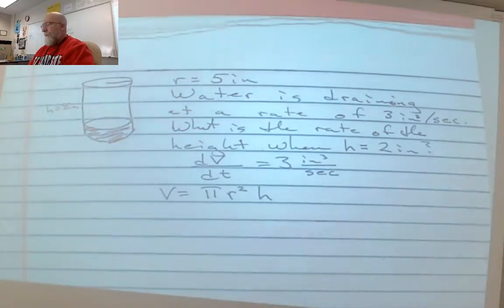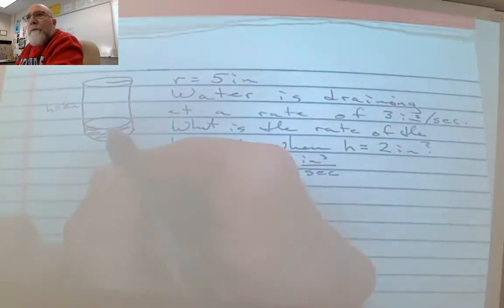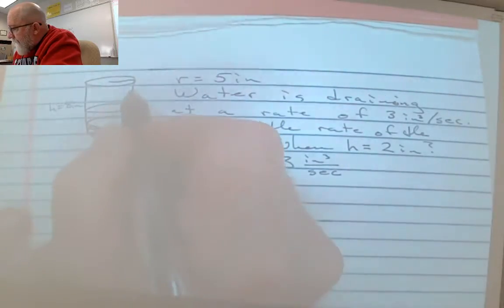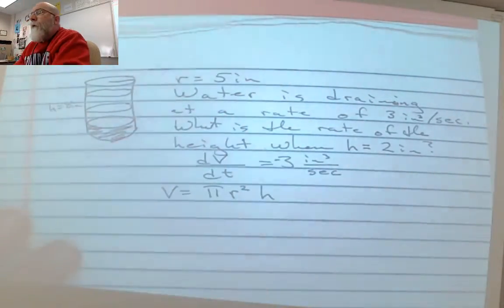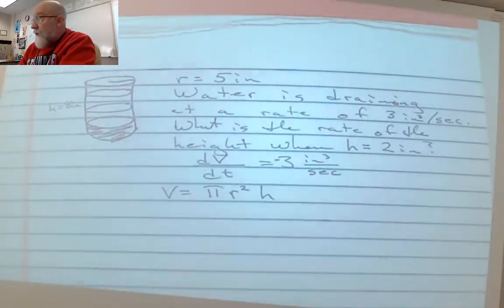What is the radius when it's that full? 5 inches. What about if it's this full? So unlike the cone, the radius is a what? Constant. Would you agree? When it drains, only the height changes.